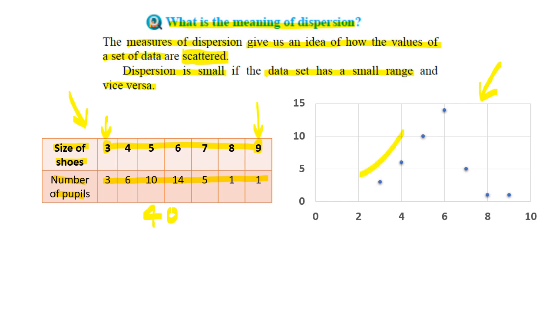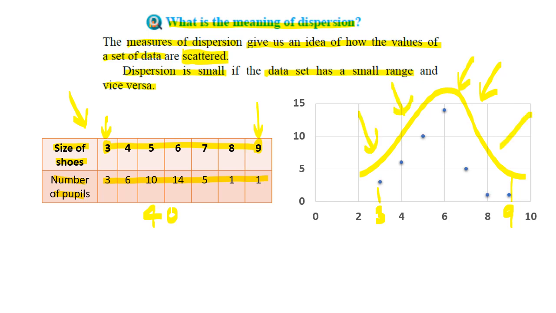Better view in here, the dispersion. You can see that from here actually 3, and here 9, the size, it is scattered all around here.